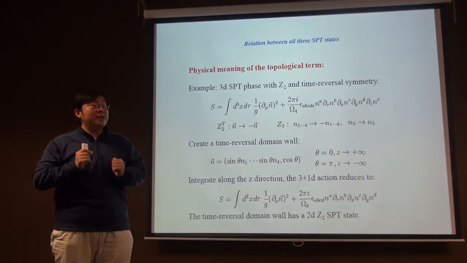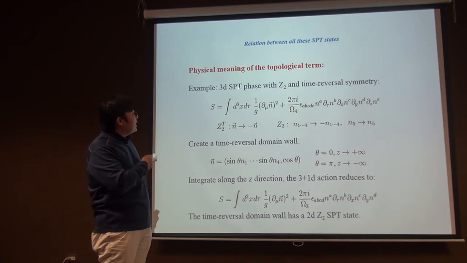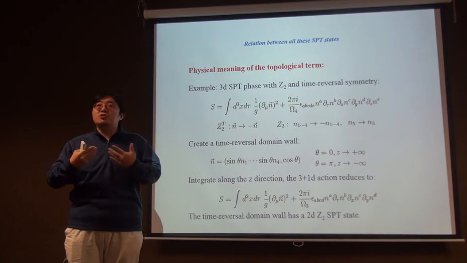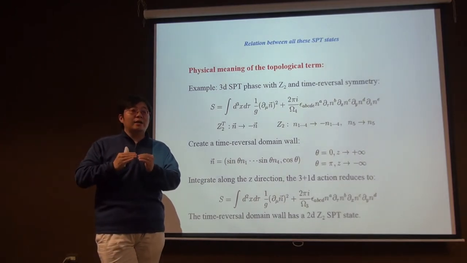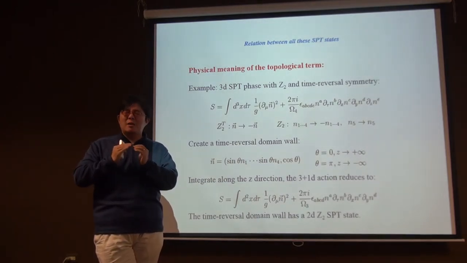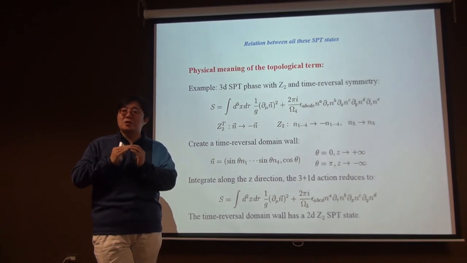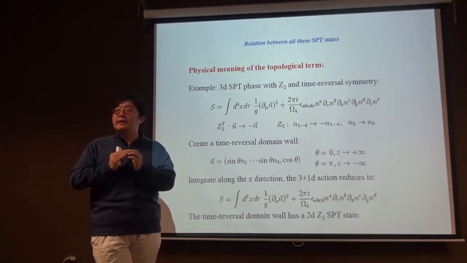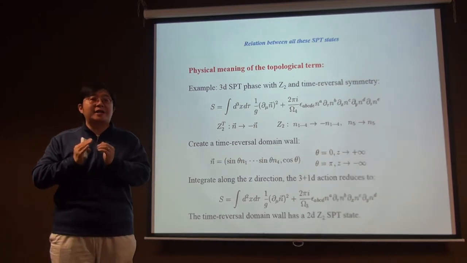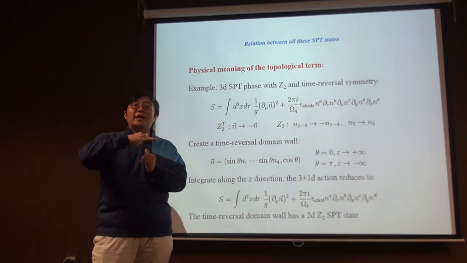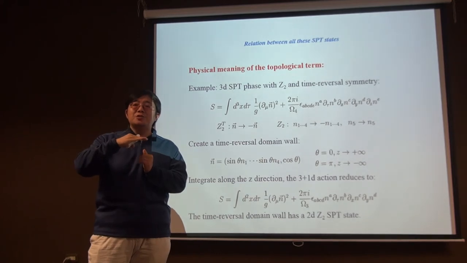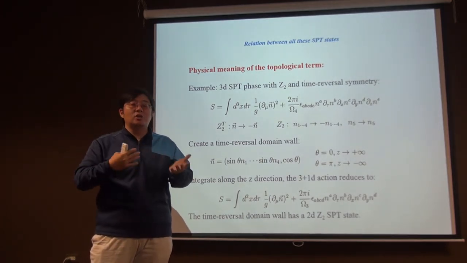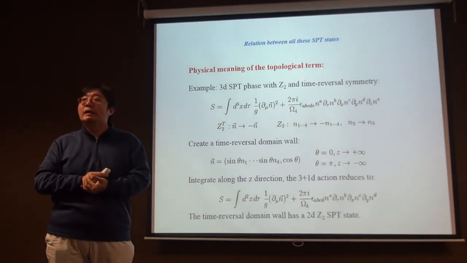Then this means that this 3D SPT with a Z2 time inversal symmetry can be constructed by decorating the Z2 time inversal domain wall with a two-dimensional Z2 SPT state. Is that clear? I can first break the time inversal symmetry, and I insert a two-dimensional Z2 SPT on the T-breaking domain wall, and then I proliferate the T-breaking domain wall. Then I get this three-dimensional SPT.